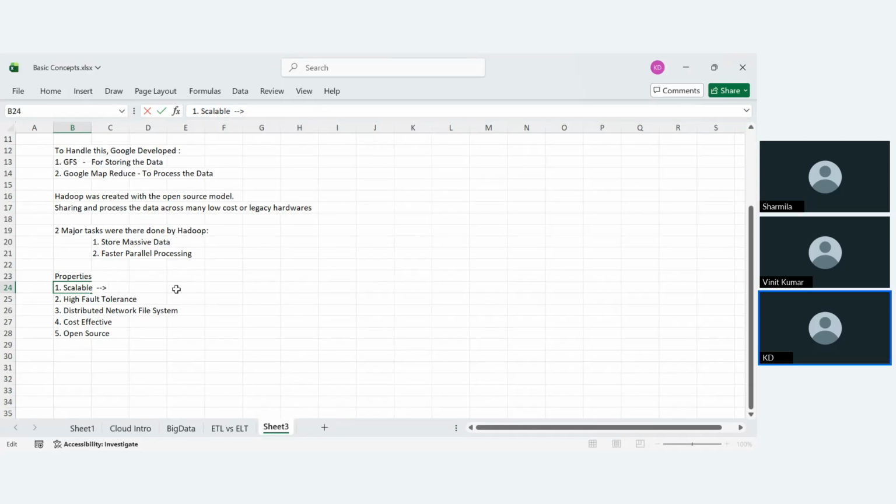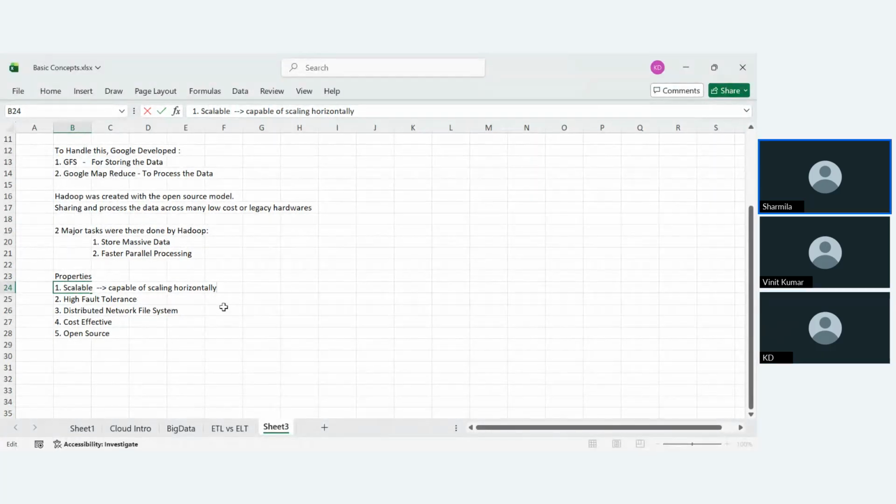Okay. So scalable means it was capable of scaling horizontally. Horizontally means, do you remember what is horizontal scaling and what is vertical scaling?